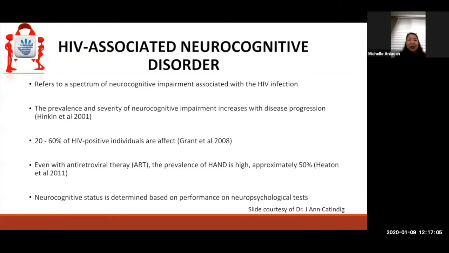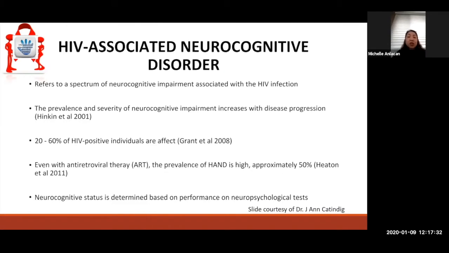You might be wondering what is HIV-associated neurocognitive disorder and why we call it a neurocognitive disorder and not just dementia per se. This is in keeping with DSM-5, which classifies neurocognitive disorder as either minor or major. A minor being having a little effect on your daily activities or functionality, and major meaning there are already things that you cannot do because of a memory problem.